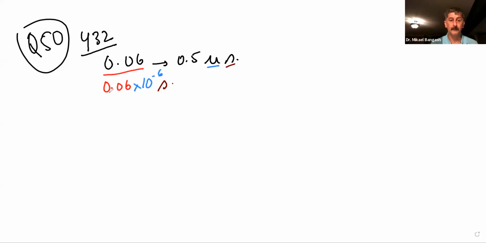Clear? If you want to write this 6 as a whole number, then 6 becomes 6, and because it's a 2 decimal number, it becomes -2 plus -6, which becomes a total of -8. And your unit is still second.